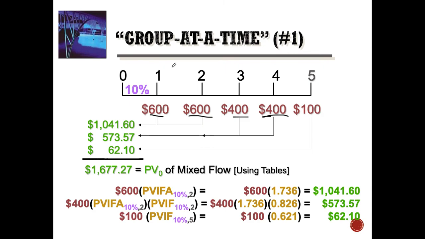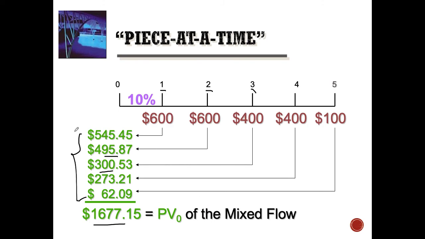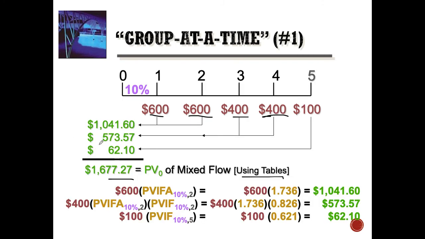So group year 1 and year 2 plus group year 3 and year 4. This one is alone, year 5. Our result should be the same. This is using the table. But actually I think this is easier than the other one because you need to use the table here.